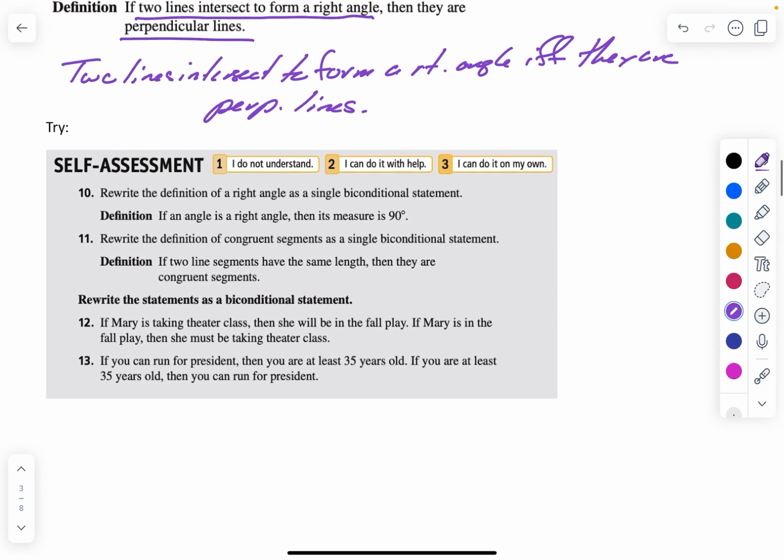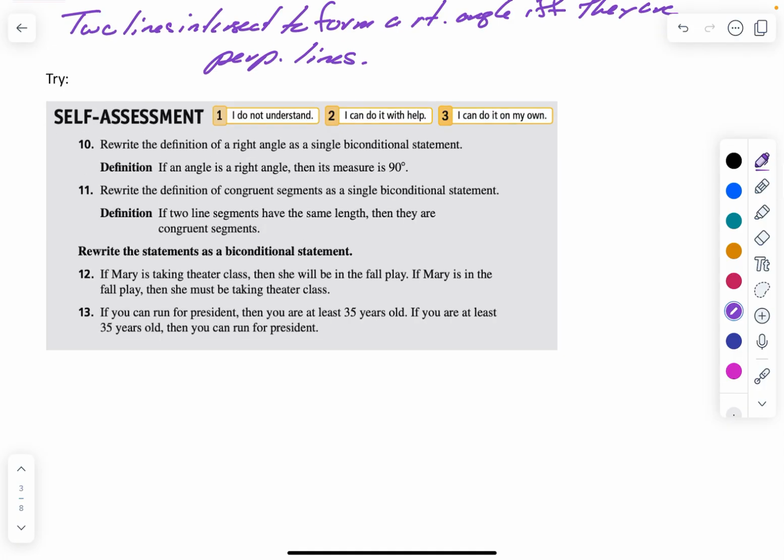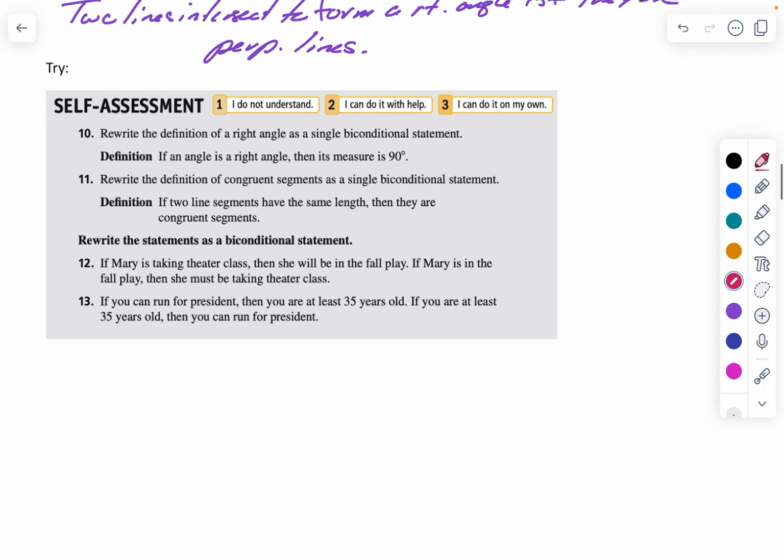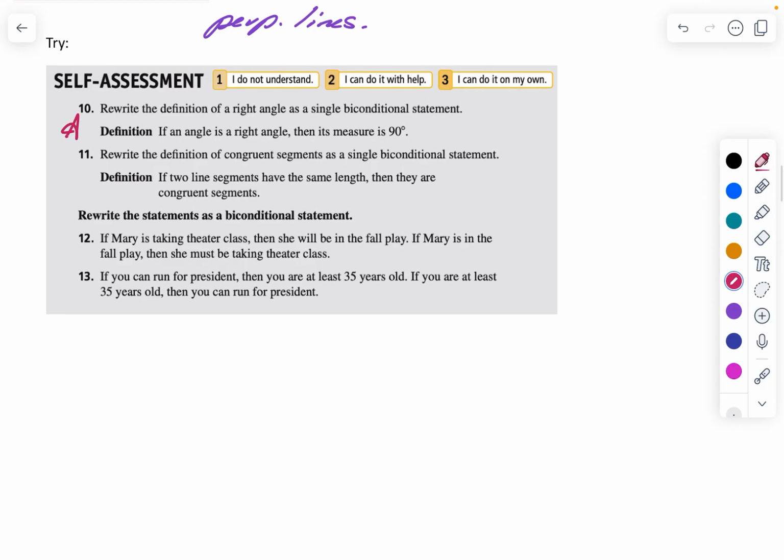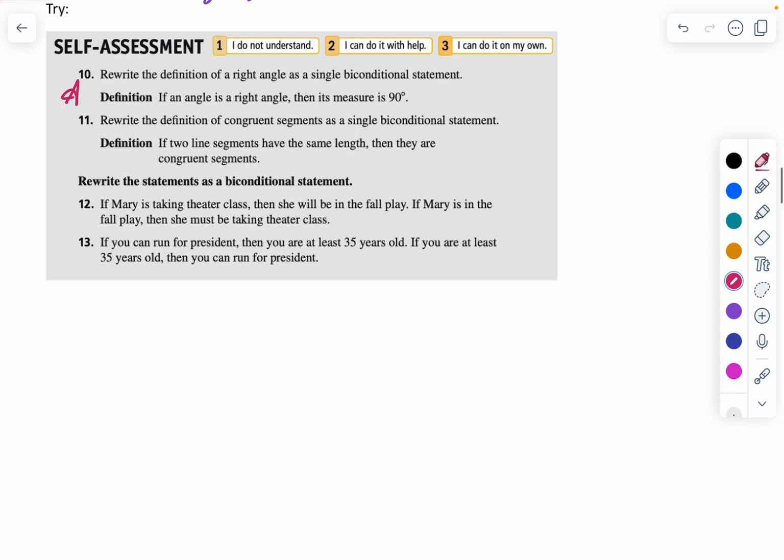All right, so we've got some things to try here. Number 10, it says, if an angle is a right angle, then its measure is 90 degrees. We can see the converse would be if an angle measures 90 degrees, then it's a right angle. So that could be a biconditional.